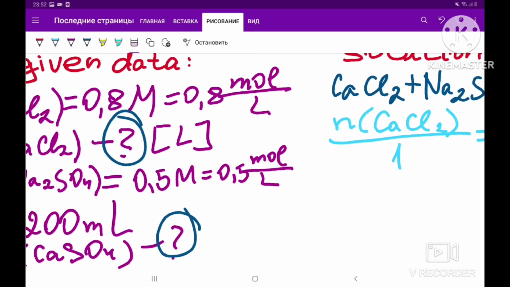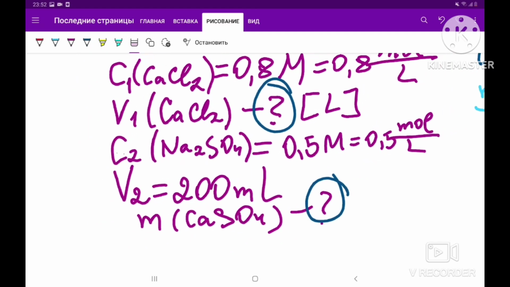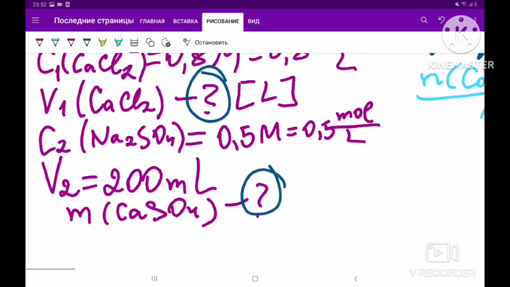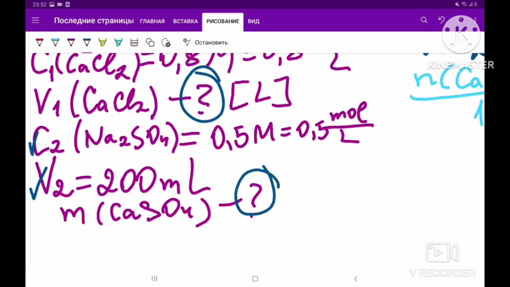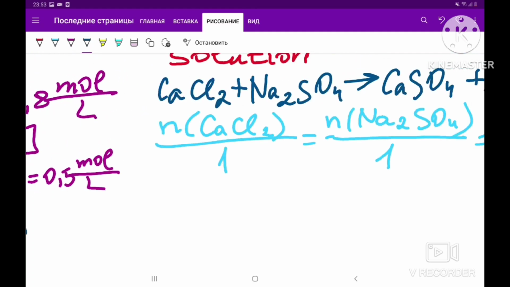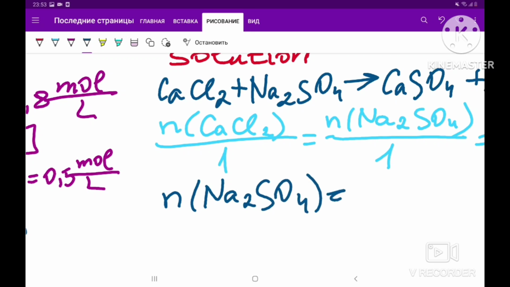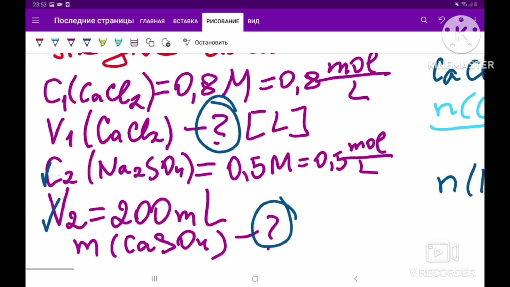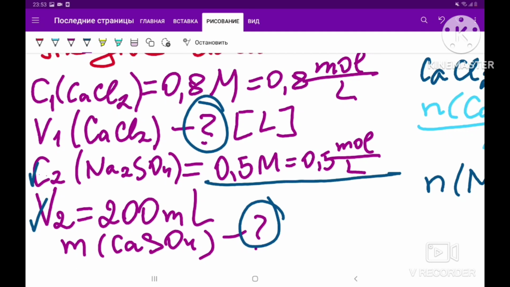We have C and V for the second solution, for sodium sulfate. So we can find the number of moles of sodium sulfate. It will be C2 times V2. Concentration is given, volume is given.